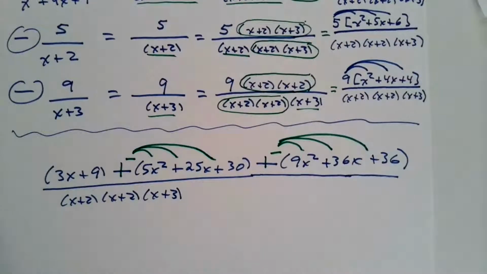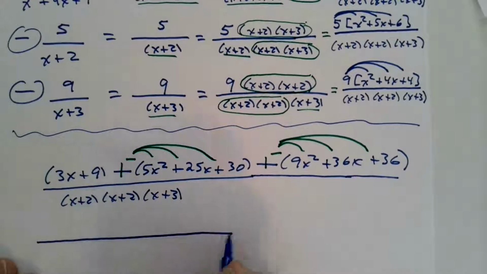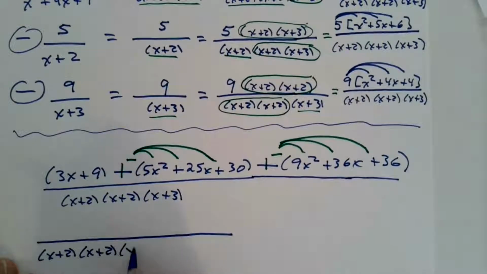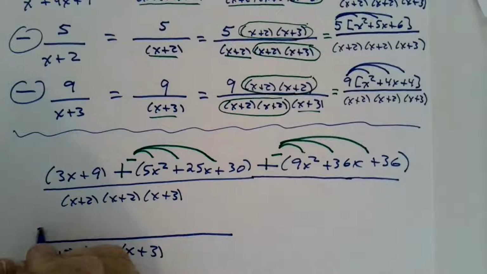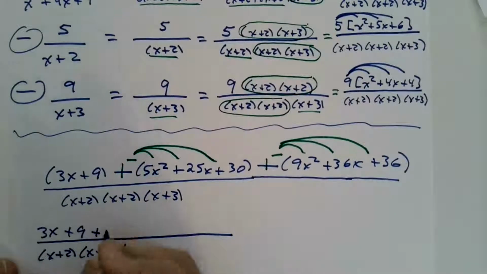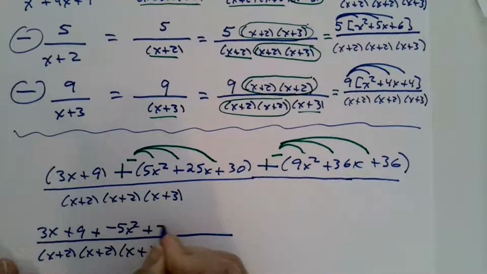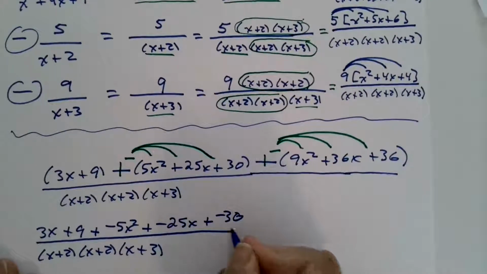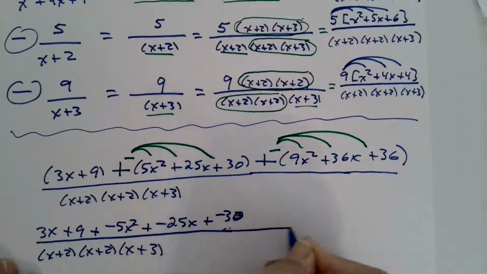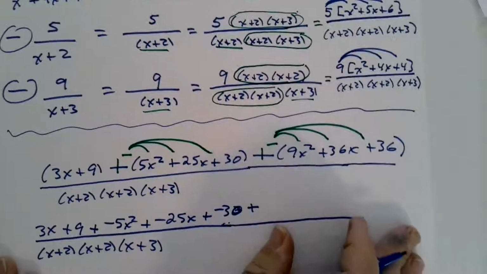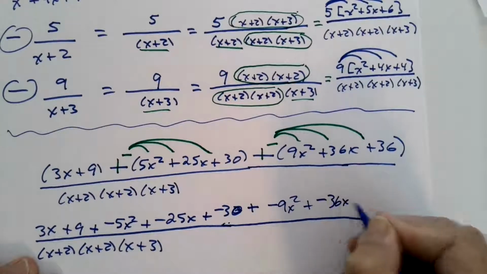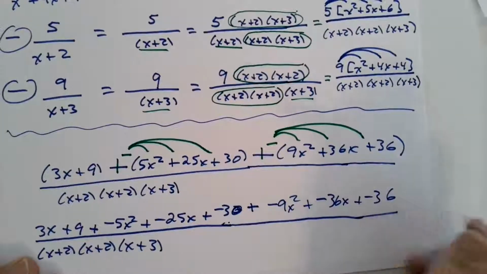So next we have the bottom, x plus 2, x plus 2, x plus 3. 3x plus 9 plus negative 5x squared plus negative 25x plus negative 30 plus negative 9x squared plus negative 36x plus negative 36.